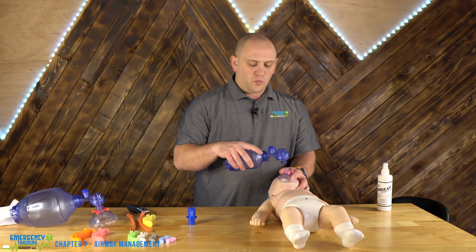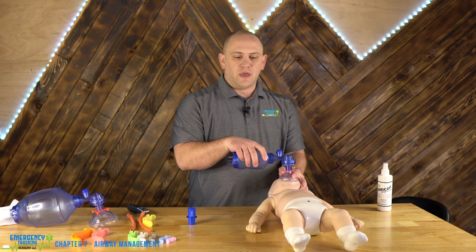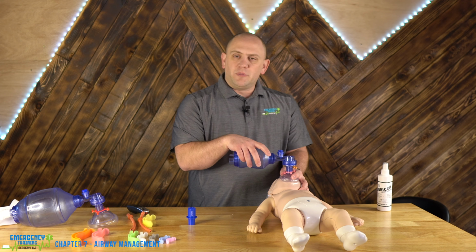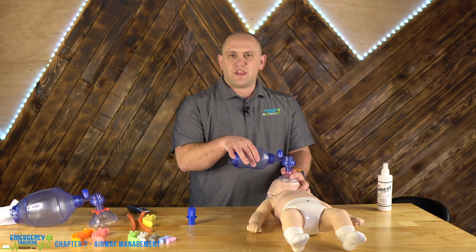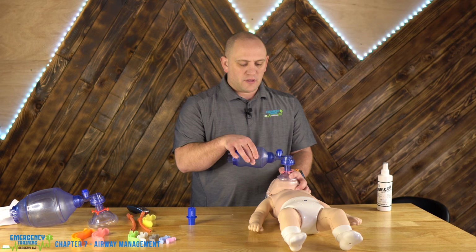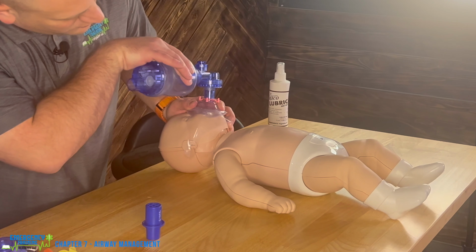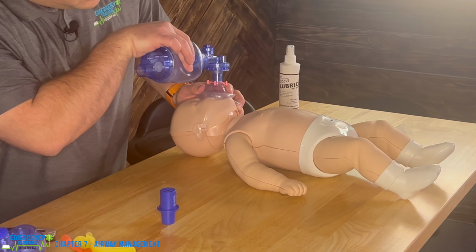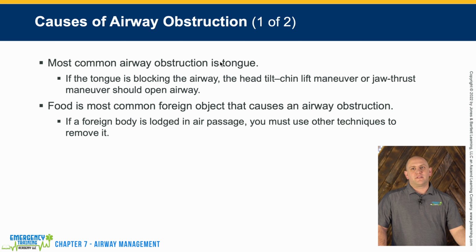If we have our mask or our bag valve mask, then we can do the same thing with them, making sure that we maintain that open airway. It's a little bit easier to maintain a seal all the way around if you can see the chest rise. So that's all we're looking for, is just a little squeeze so that we see it. It's easy, actually.